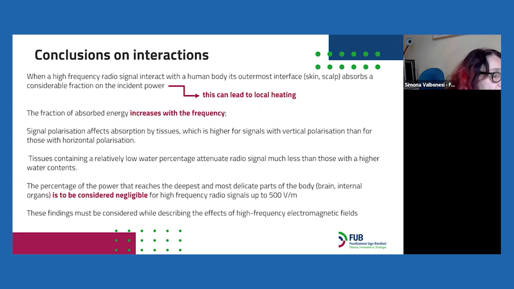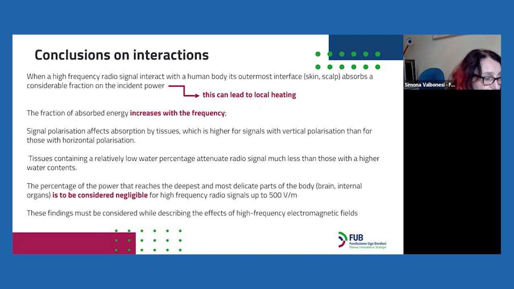The fraction of absorbed energy increases with the frequency. Signal polarization affects absorption by tissue, which is higher for a signal with vertical polarization than for one with horizontal polarization. Tissue containing a relatively low water percentage attenuates the radio signal much less than those with higher water contents.